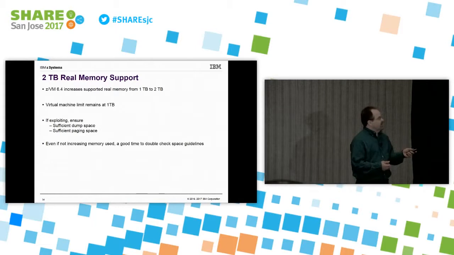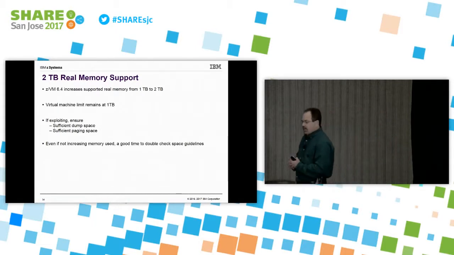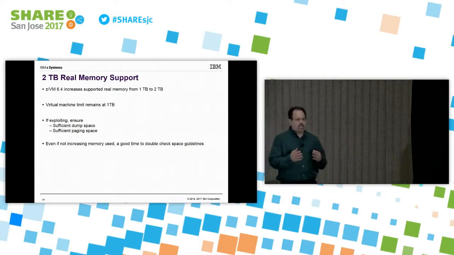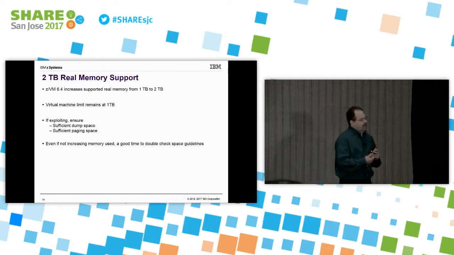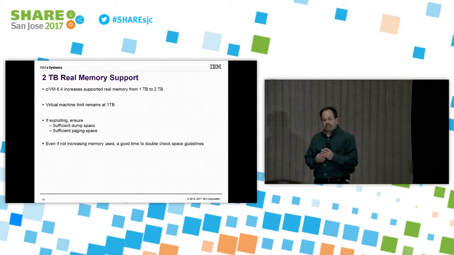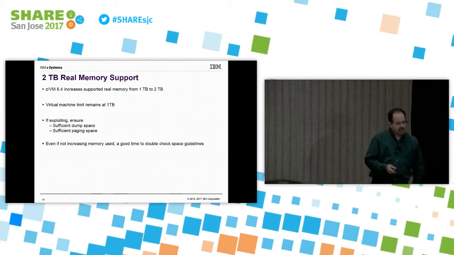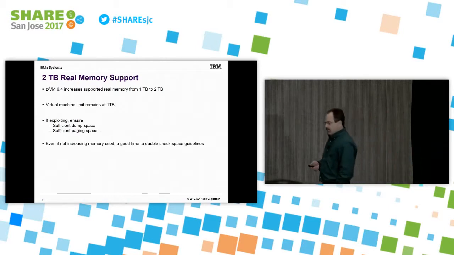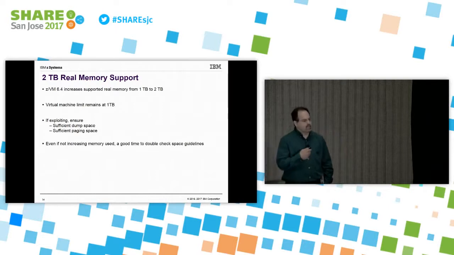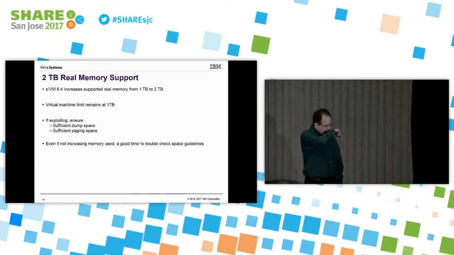And even if you're not increasing your memory, if you're going to do a release upgrade, it's a good time to check on that and make sure you have enough space defined for however much memory you're using, to keep things running efficiently. Okay. And the planning guide, CP Planning and Administration, has information about how to calculate that and how to figure out how much space you need, and recommendations for that.